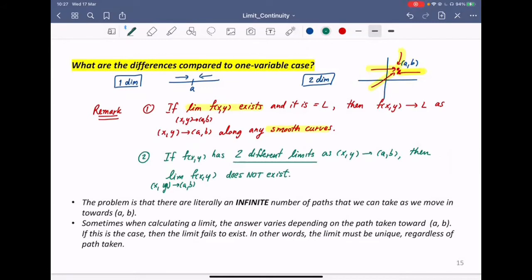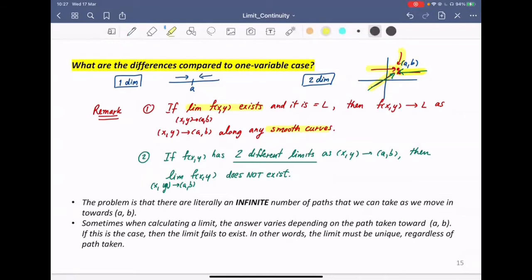That means when you compute the limit of f of x, y as x, y go to a, b, you can pick two different lines, and if they give you something different, your conclusion is that the limit does not exist. Does it make sense?